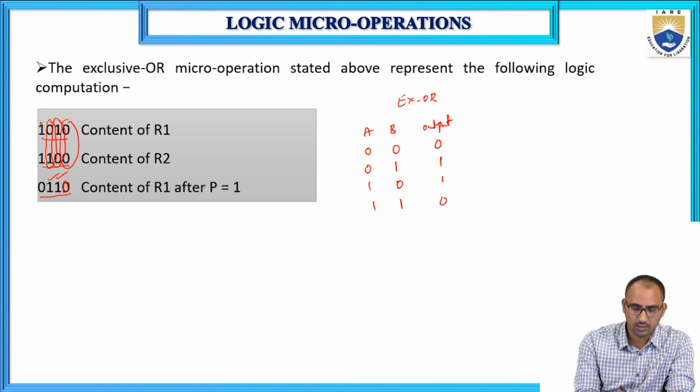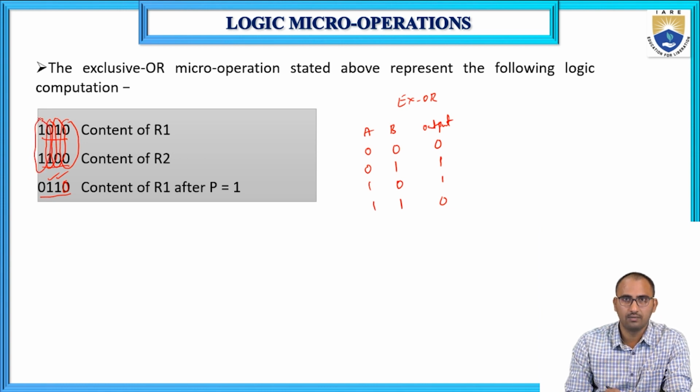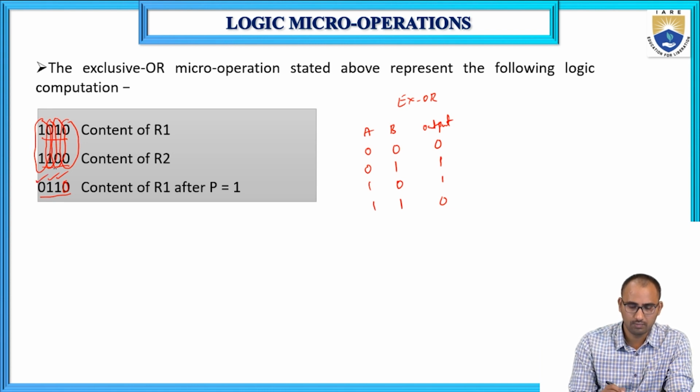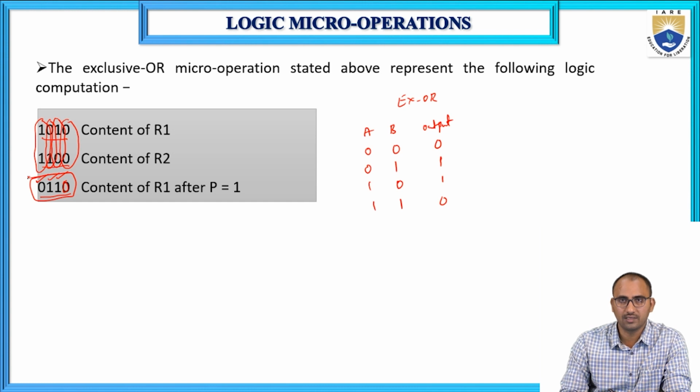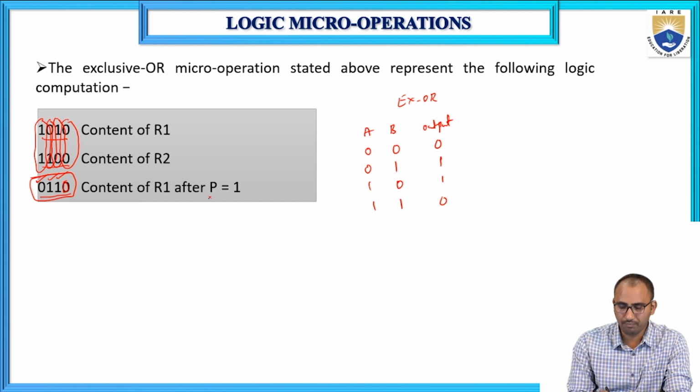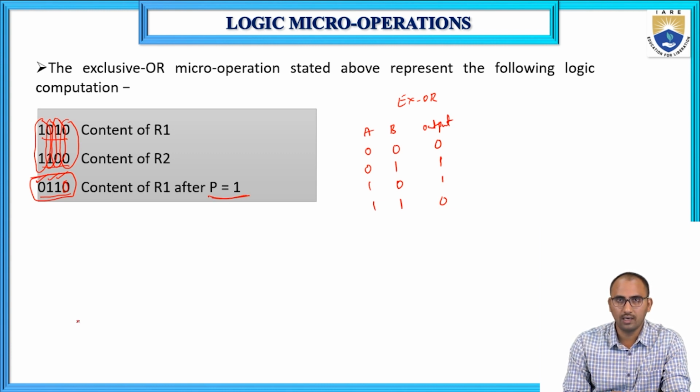And for the last bits, 1 and 1: the inputs are the same, so you get 0. This is the output of the exclusive OR gate. This exclusive OR operation is performed only if P is equal to 1.